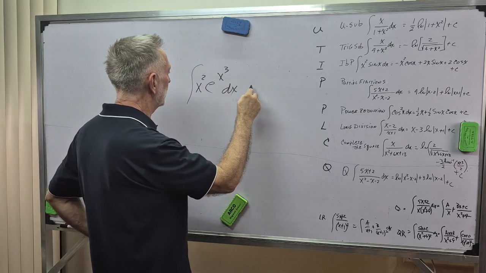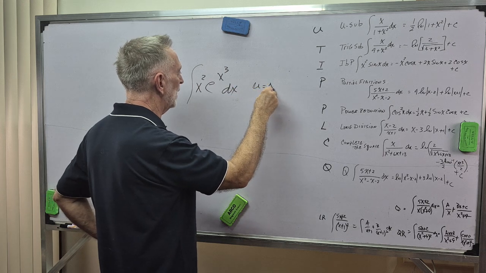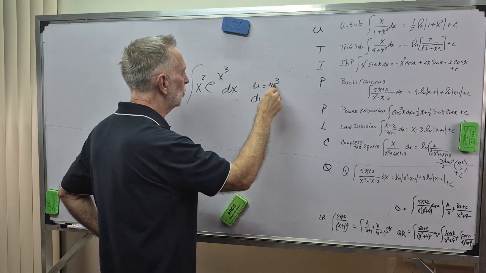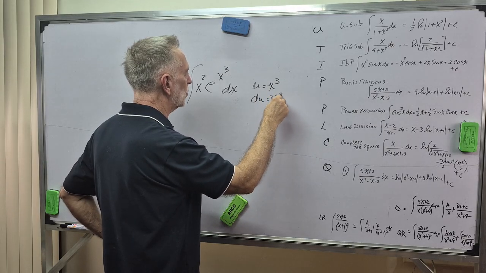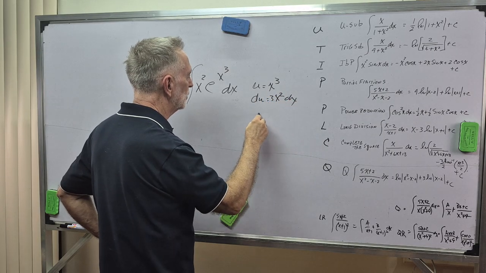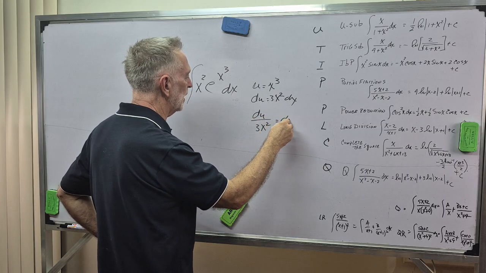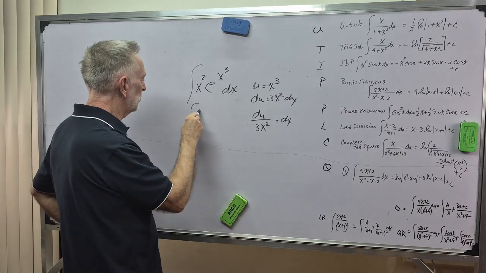So if I said u equals x cubed, du equals 3x squared dx. So du over 3x squared equals dx. So now fill in the blank again.